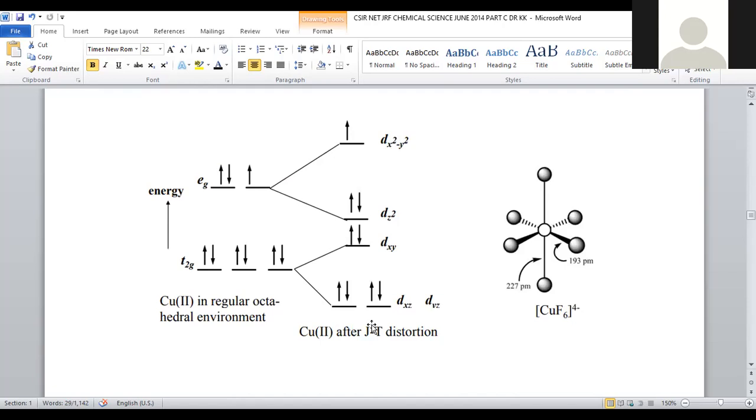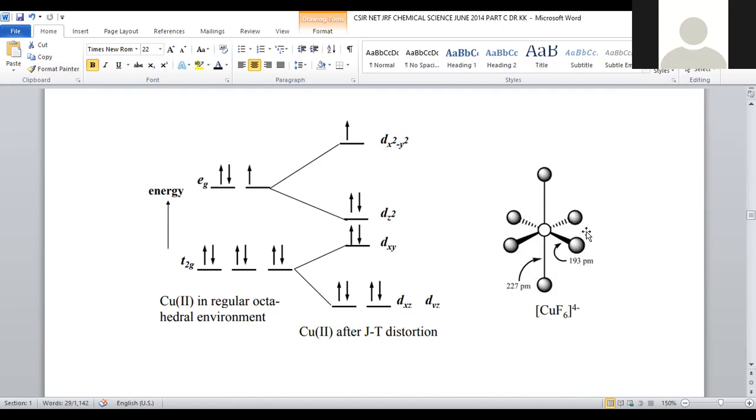You can observe this kind of lack of degeneracy among the d orbitals. Dz2 is lowlying, dx2-y2 is going up. Z-out configuration will be there, and you can observe that axial bonds are elongated, and equatorial bonds are staying in their own place only.